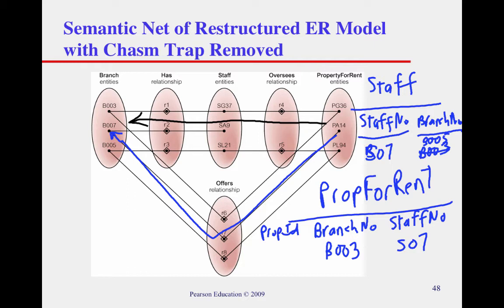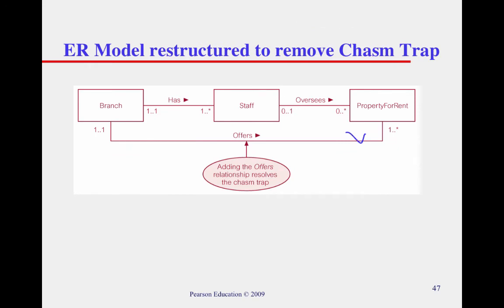No, you're in the same issue of introducing another relationship. I don't want to put this relationship in here. I would like to guarantee that I just have these two binary relationships. There's another way to fix this chasm trap.